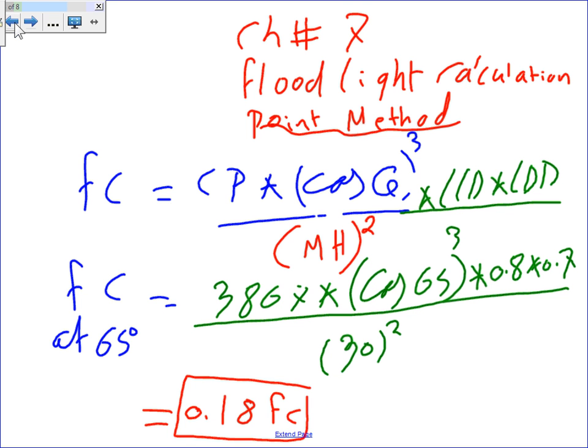Isn't that what we did, guys? You take the CP at the right angle, cube the cosine of that angle, multiply by the lumen depreciation, by the dirt depreciation, and divide by the square of the height of the fixture, and good to go. Exactly like we've done with any other fixture.